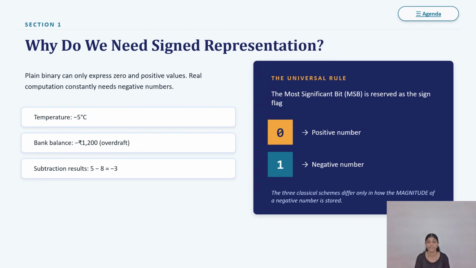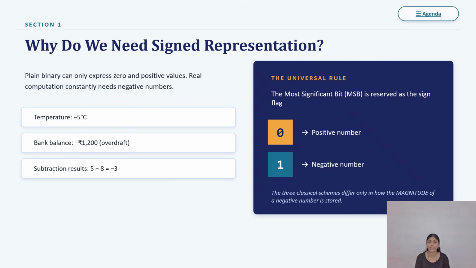Bit 0, which is the least significant bit, will be available on the rightmost side. While you are increasing the bit value one after another, where will the bit count be completed? Bit 7, because you started at bit 0 and it ends at bit 7. So that bit 7 is the leftmost bit. Whenever you are considering any signed number representation, the most significant bit will act as the sign bit.